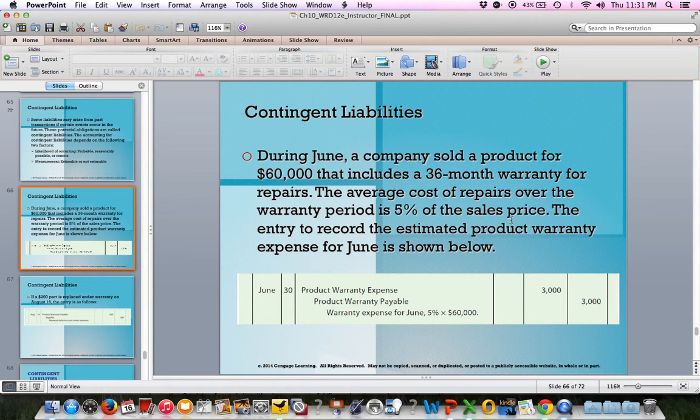During June, a company sold a product for $60,000 that includes a 36-month warranty for repairs. The average cost of repairs over the warranty period is 5% of the sales price, and so we have to record a warranty expense now.